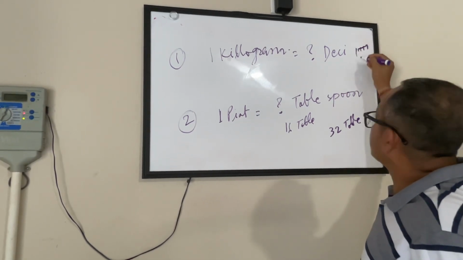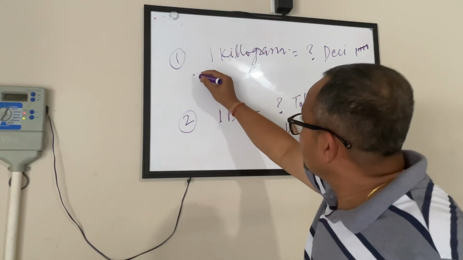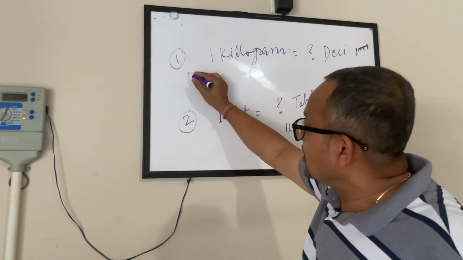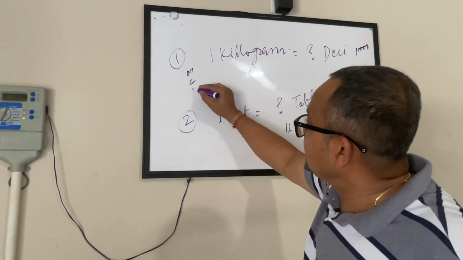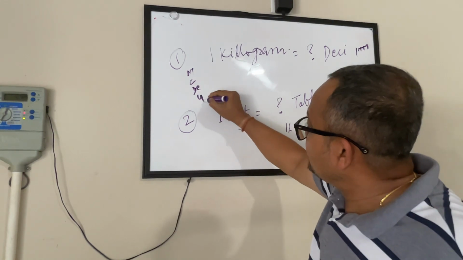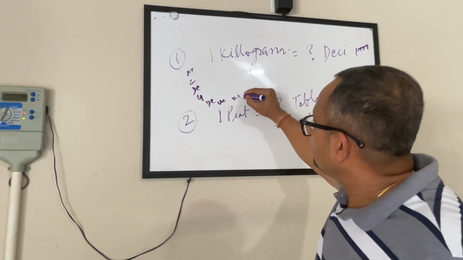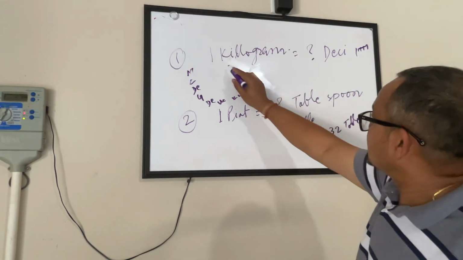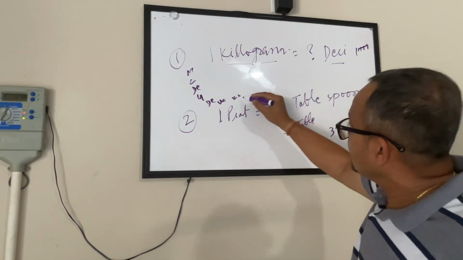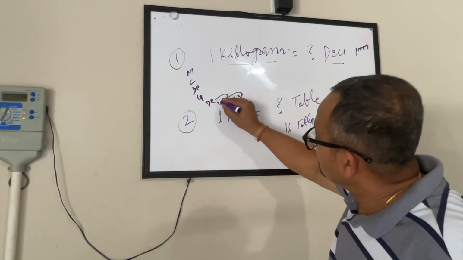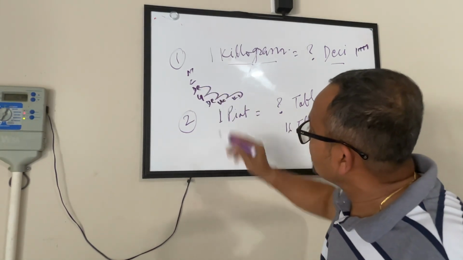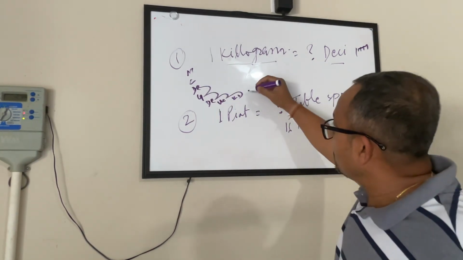Let's check. Now we know the sequence: milli, centi, deci, gram, deca, hecto, kilo. So we are talking about converting kilogram to decigram. So 1, 2, 3, 4 halves.